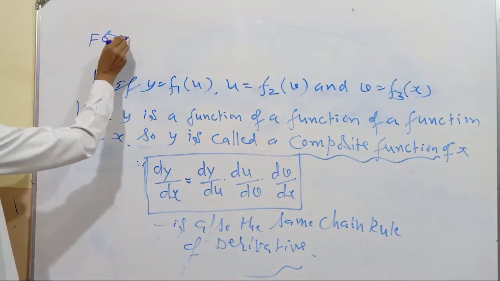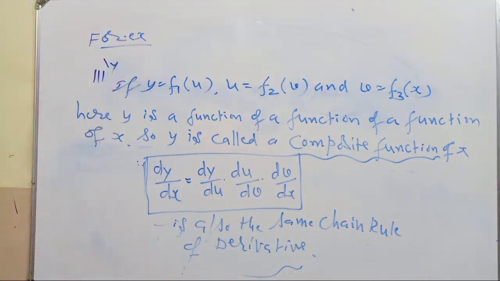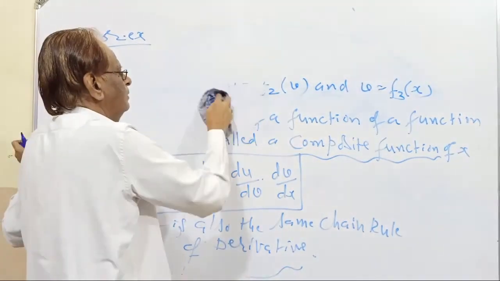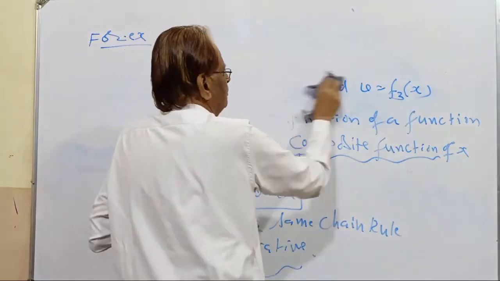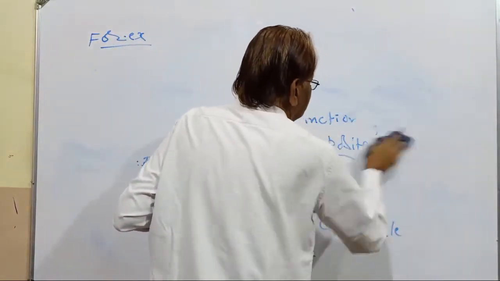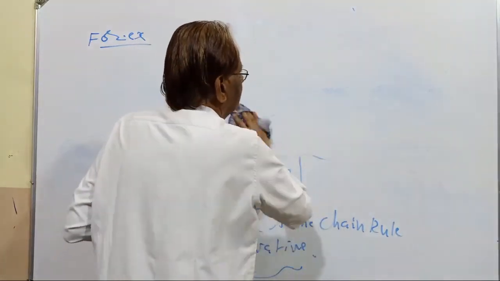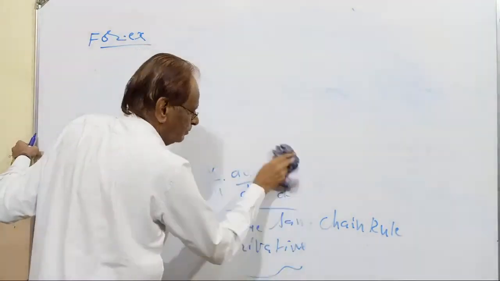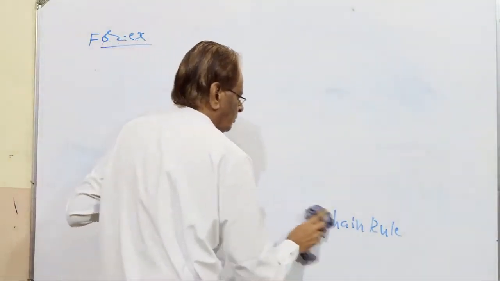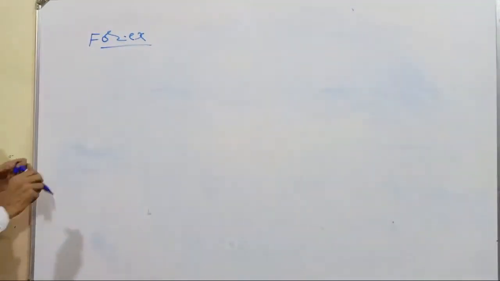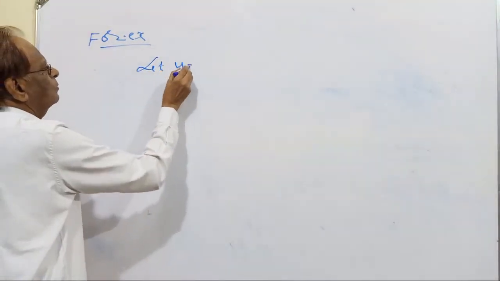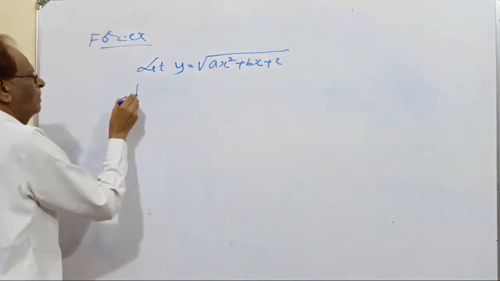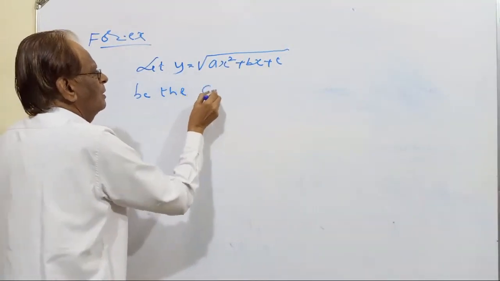For example, let y equal to root of ax squared plus bx plus c be the composite function.